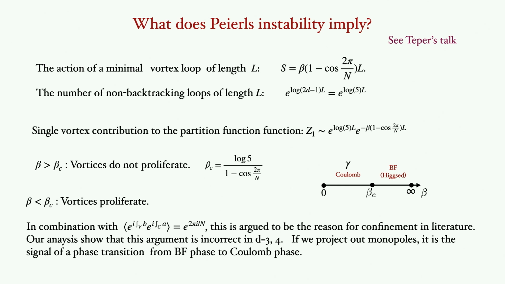But if you have a loop of length L, the number of non-backtracking loops is exponential in log 5 times L. Now you see that there's a competition between Boltzmann suppression and entropy. And you see that there is a beta critical, and if beta is larger than beta critical, vortices cannot proliferate. They remain tiny, small things. If beta is less than beta critical, vortices proliferate.